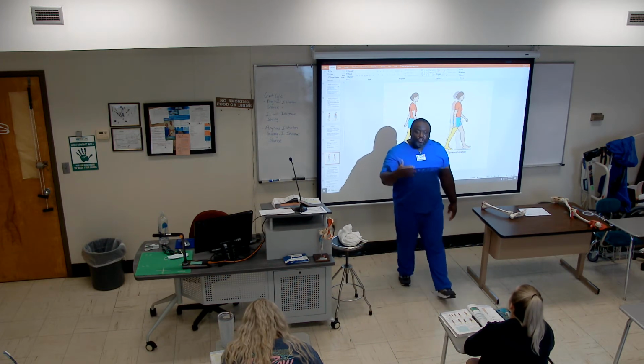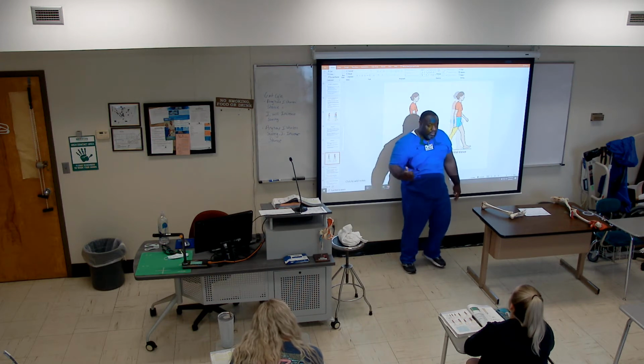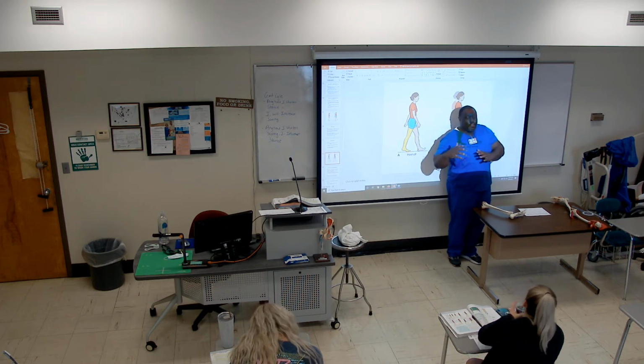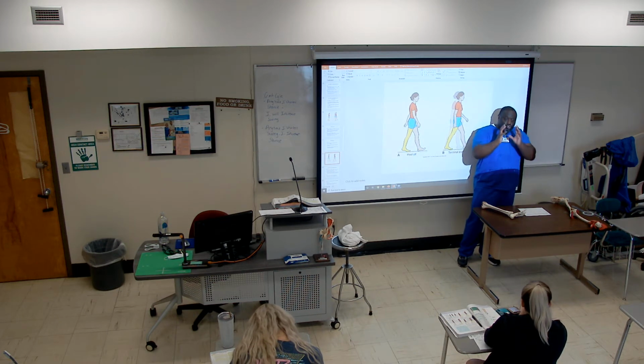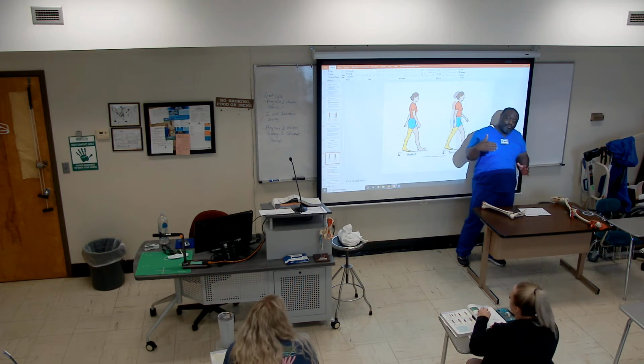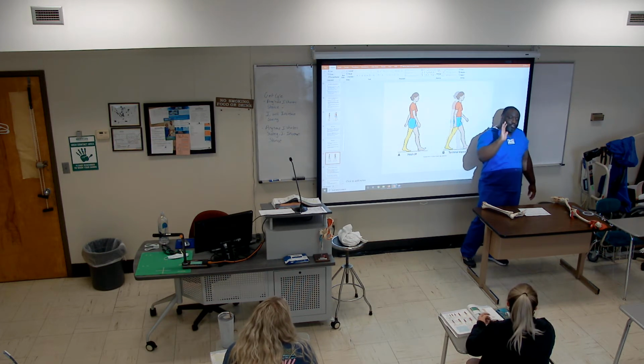So the push off function of gait happens there at heel off. My plantar flexors go from slowing everything down to, by the time my heel actually comes off the ground, starting to contract concentrically to get push off.